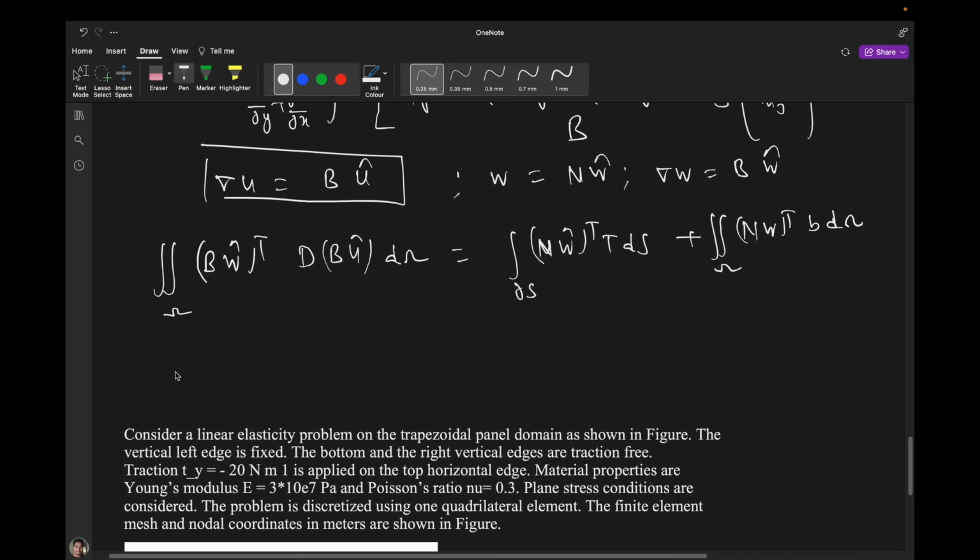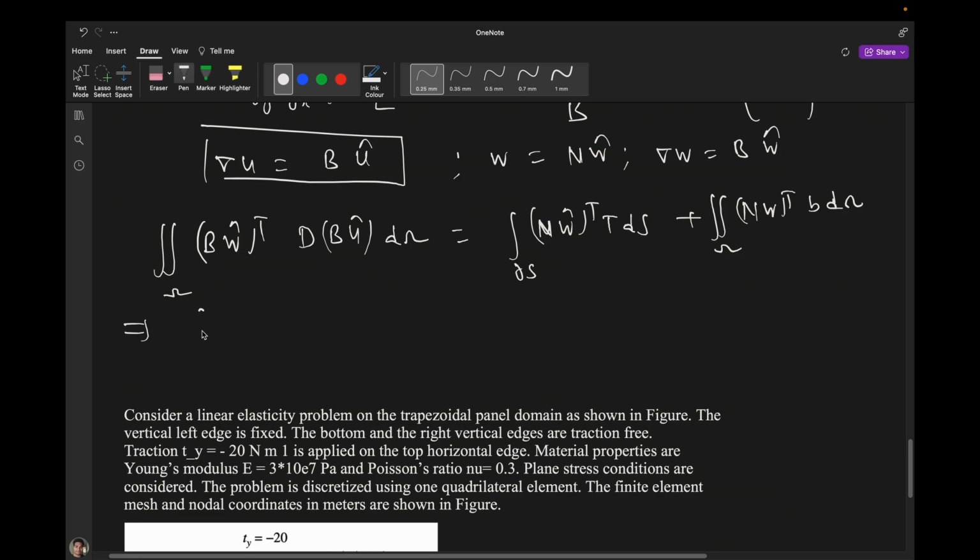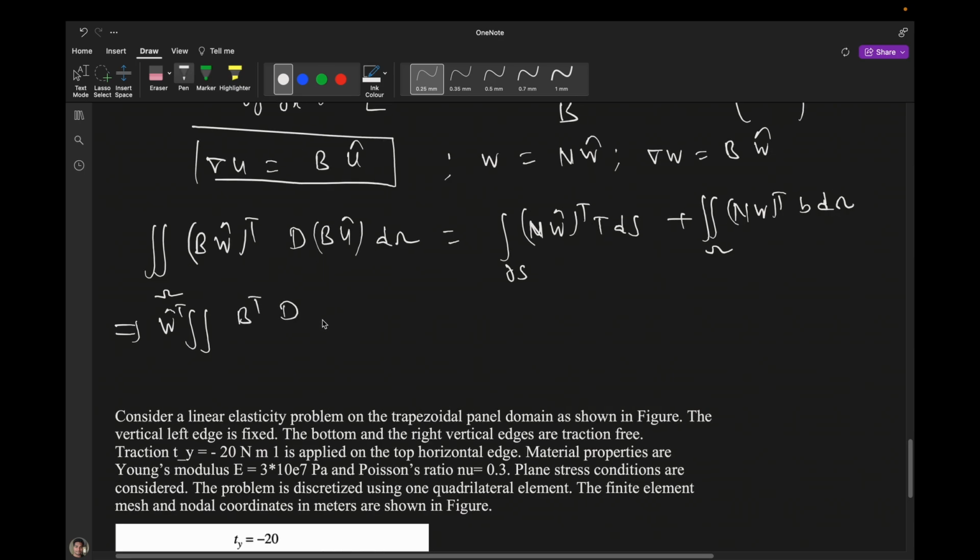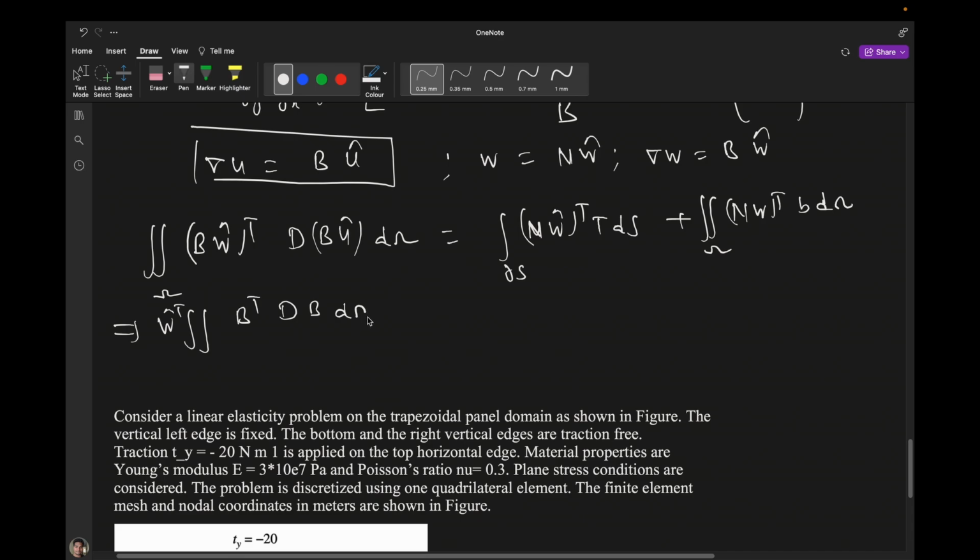So it will be a double integral. Now what will be this? This will be w bar transpose b transpose, and this will be d b del omega.